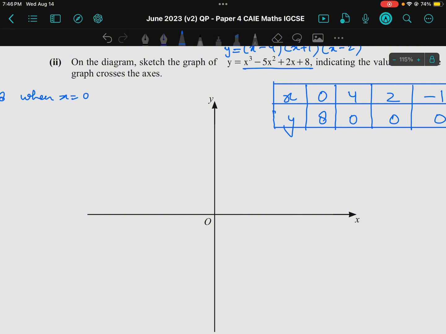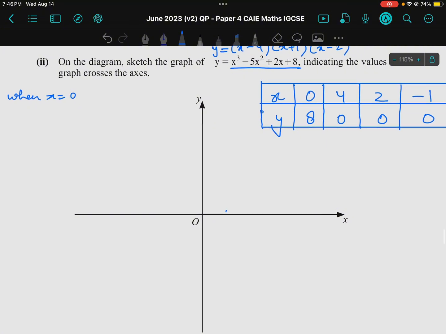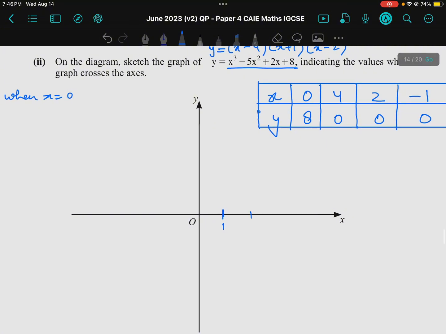So you will write here the points, taking 1 centimeter distance, like 1, 2, 3, 4. Here you will take minus 1, minus 2, minus 3. Here you will take 2, 4, 6, and this is 8.